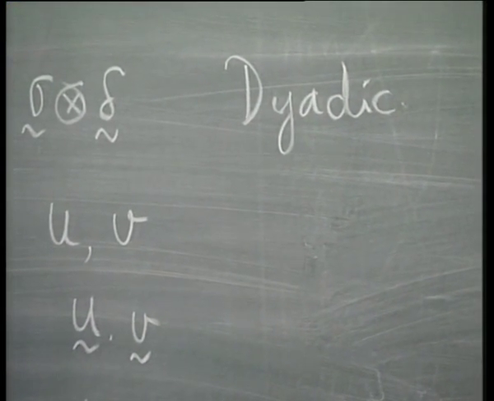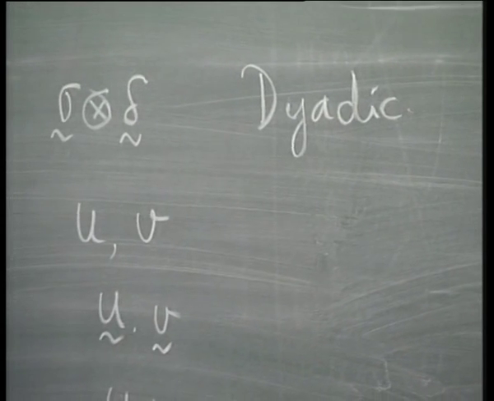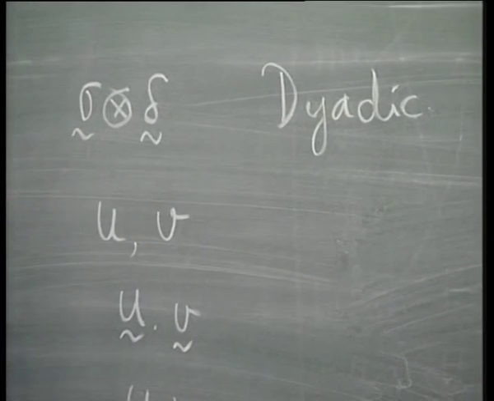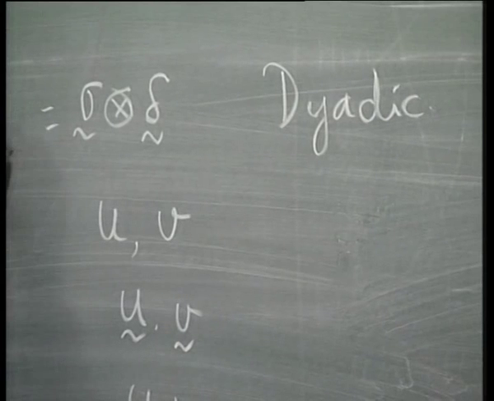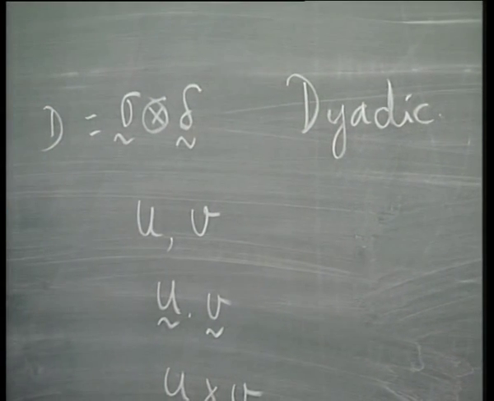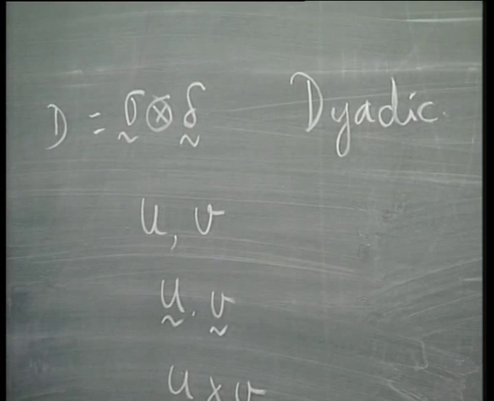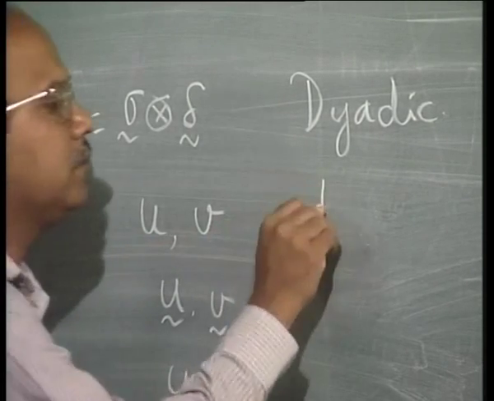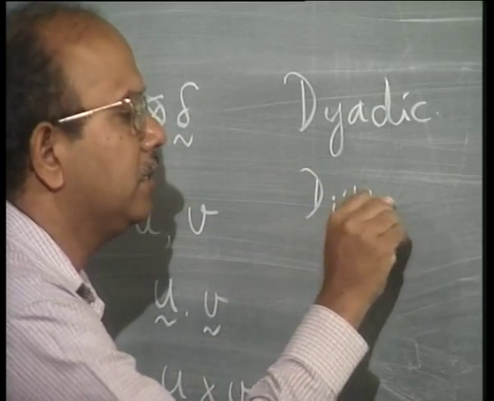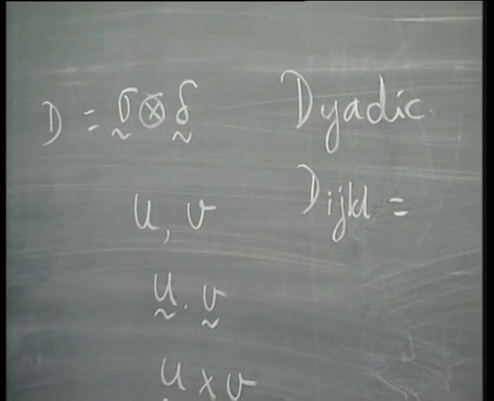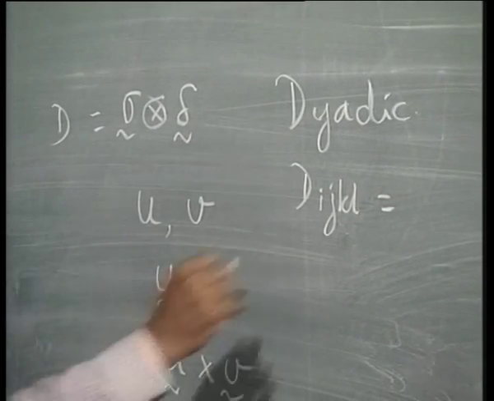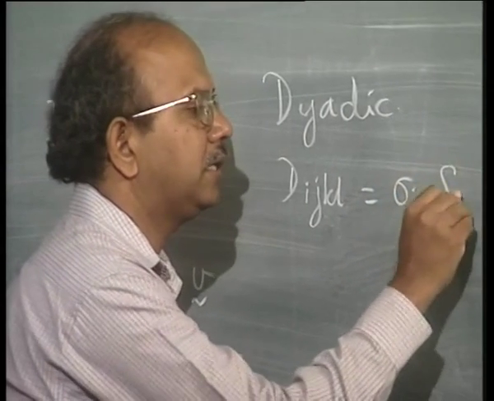By a dyadic operation such that IJKL, let me say this results in D, such that D_ijkl is equal to sigma_ij delta_kl.